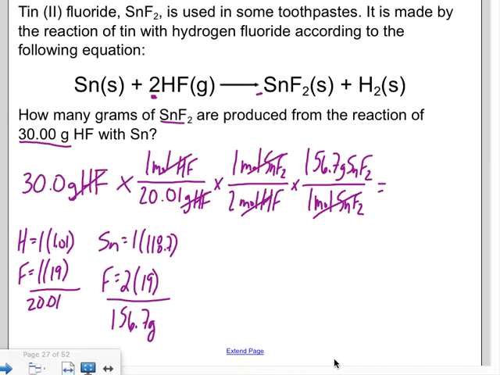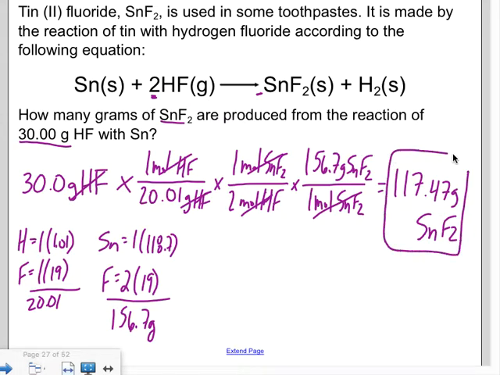Anyways, 30 times 1 divided by 20 times 1 divided by 2 times 156.7 divided by 1 gives me 117.47 grams of SnF2. There's my answer.